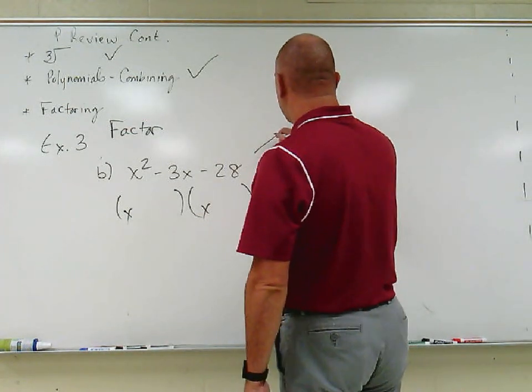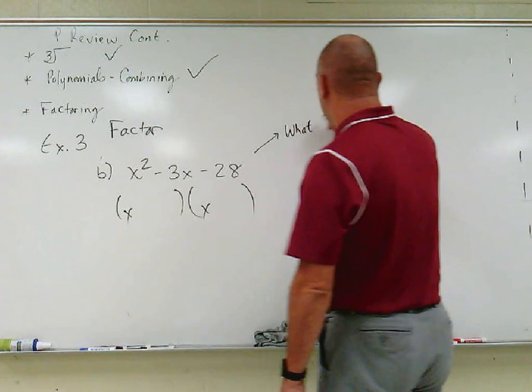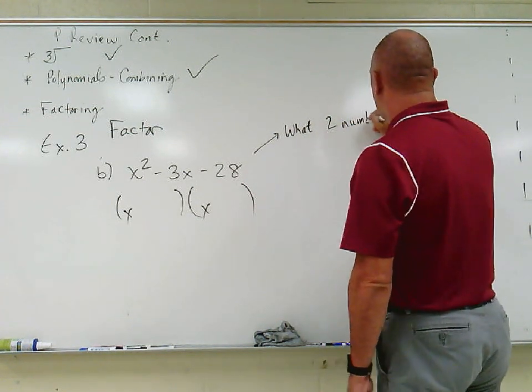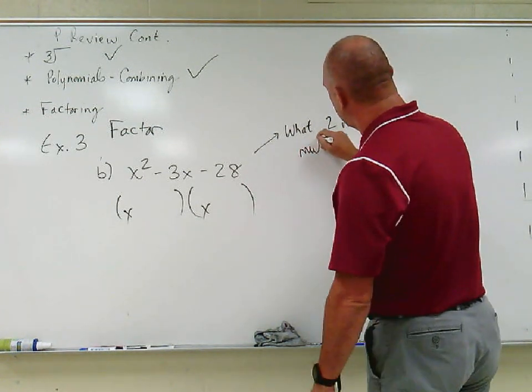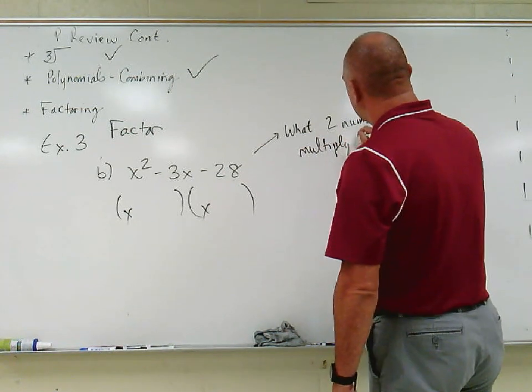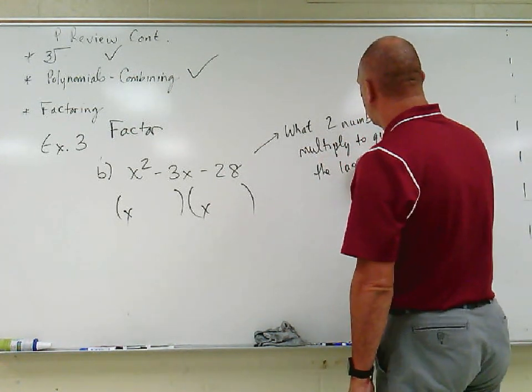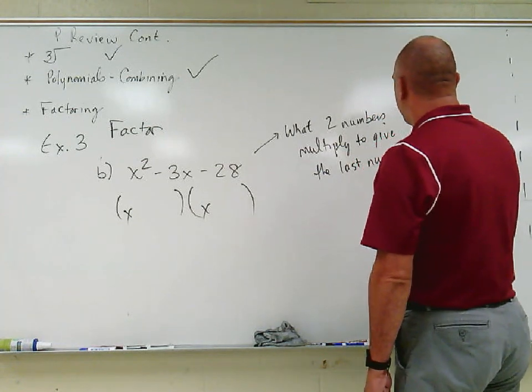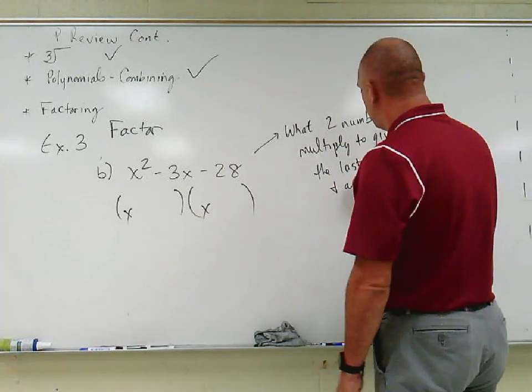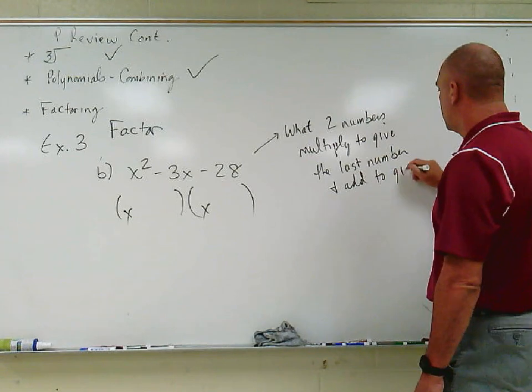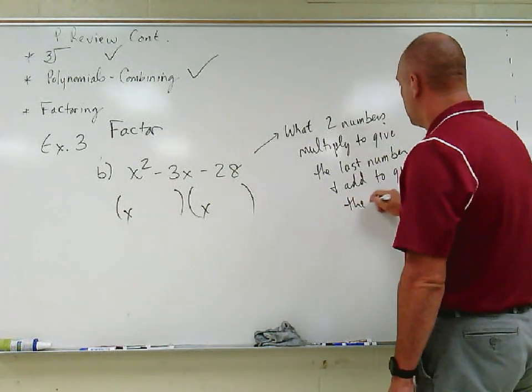So you ask yourself these 2 questions. What 2 numbers multiply to give the last number and add to give the middle number?